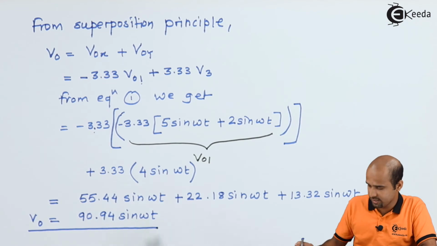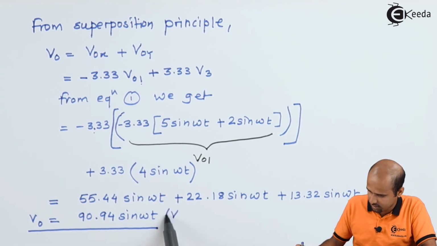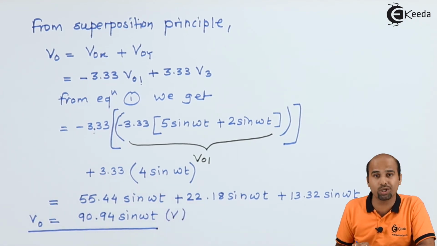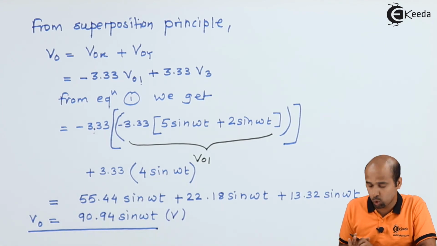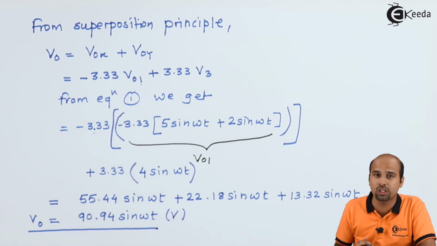Now question arises, this answer is in volts. Do we have this kind of value, 90.94, which is practically possible if the saturation voltage is well below 15 volts, that is given as 14 volts, plus or minus 14 volt, which is nothing but your saturation voltage, and beyond saturation voltage I will not get the output in terms of your AC or DC signal.